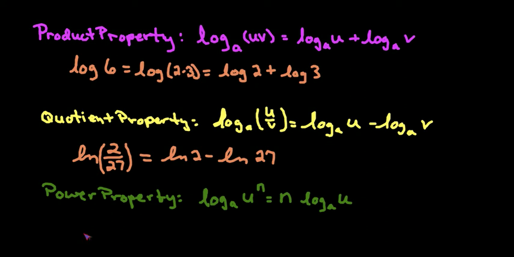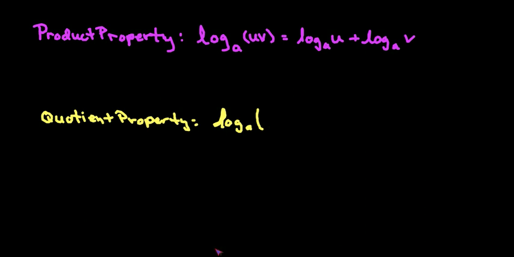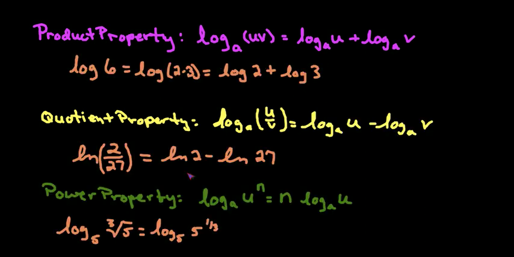We're going to do log, and this time base 5, and we're going to do the third root of 5 as our value. Now, I can rewrite the third root of 5 as 5 raised to the 1/3 power. And the formula says whatever my exponent is, I can throw out in front of my logarithm. So I'm going to take my 1/3 and throw it out in front of the logarithm.